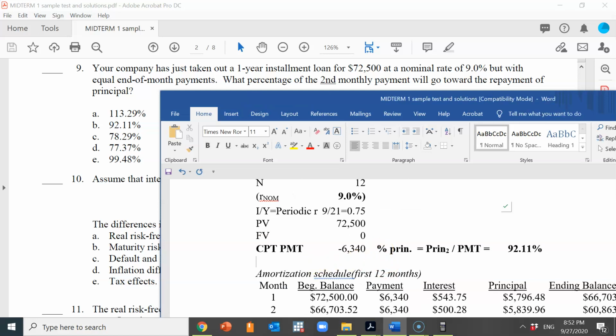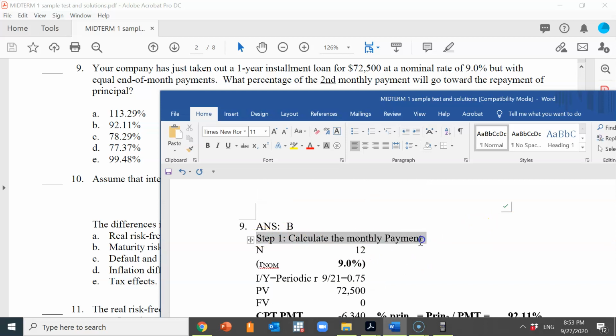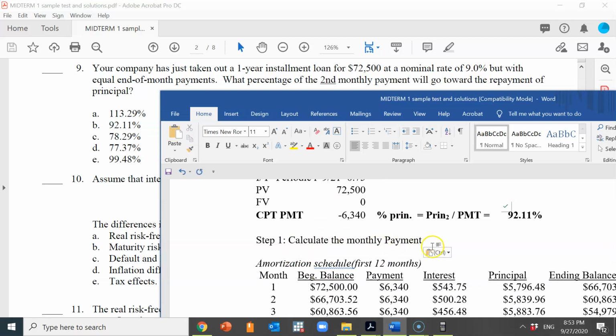And then we go to step 2, which is to calculate the second month payment that goes toward the repayment of principal.